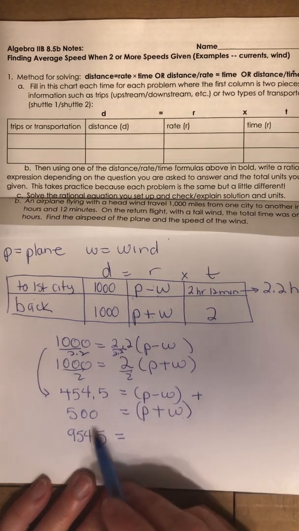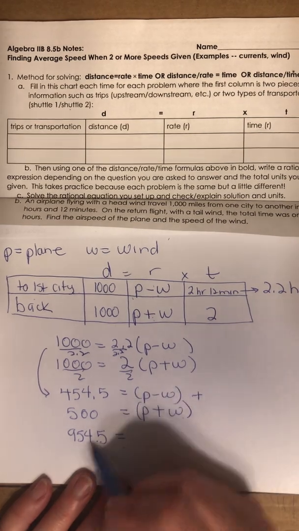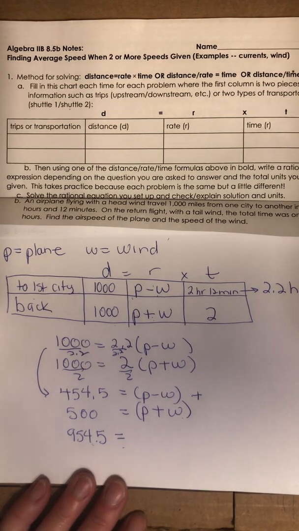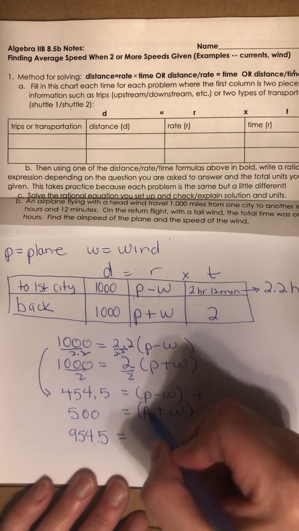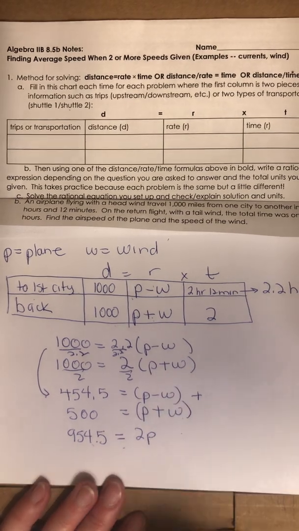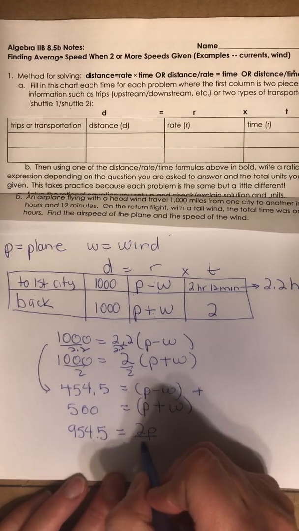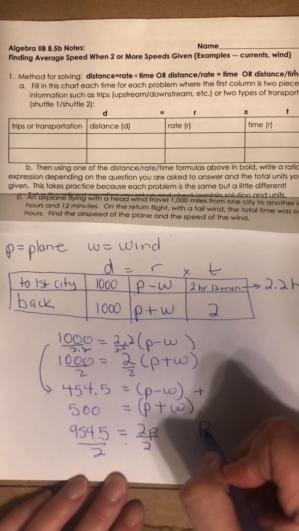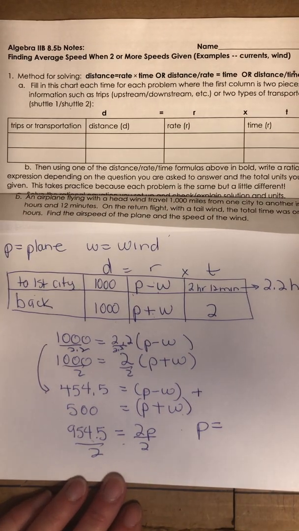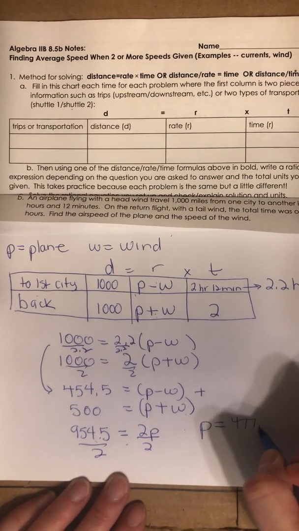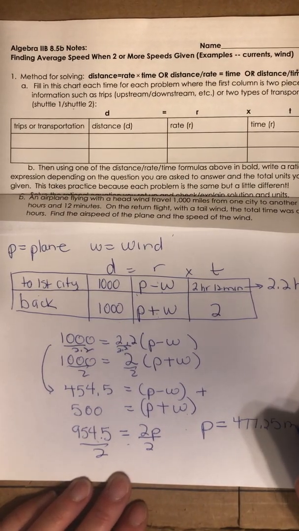There we go. And then so the left is 954.5. When I add up the P's, I get 2 P's. And when I add up the W's, they eliminate. And then we divide by 2. So the speed of the plane is 954.5 divided by 2, which is 477.25 miles per hour.